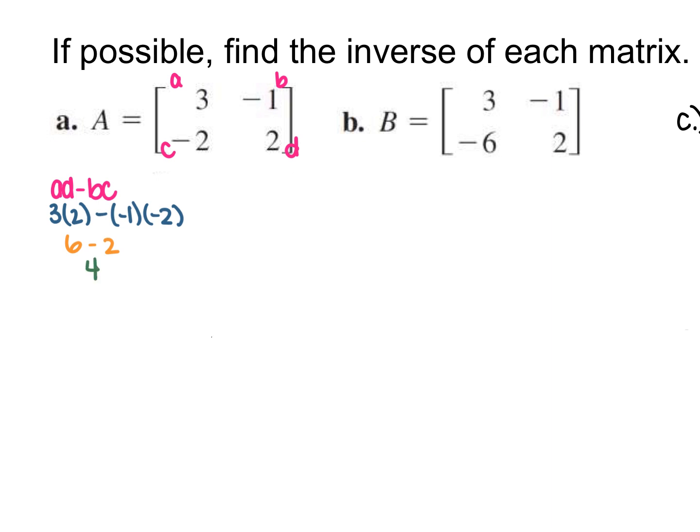We're going to take the reciprocal of that, which is 1 over 4, and we're going to multiply it by switching our 3 and 2, changing the signs on our -1 and our -2.